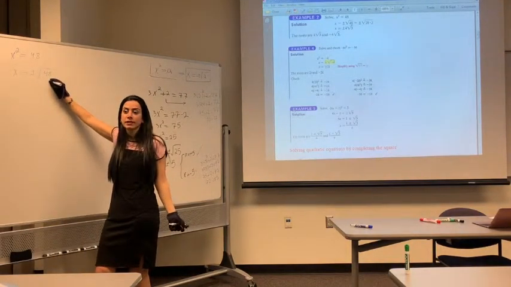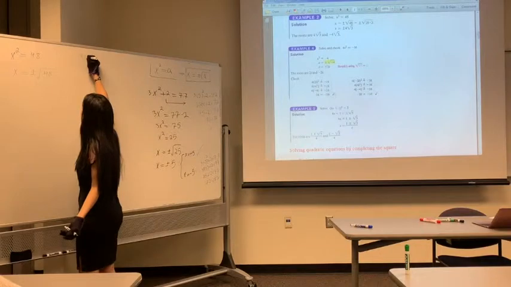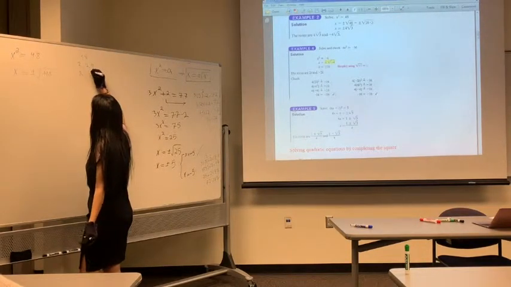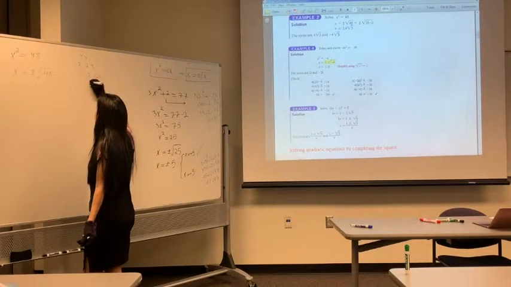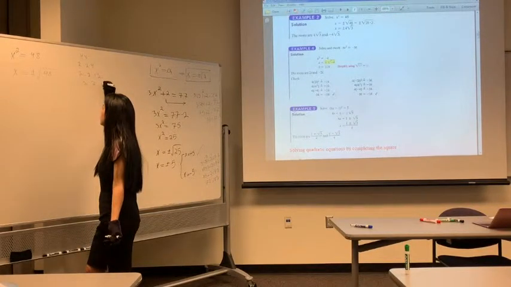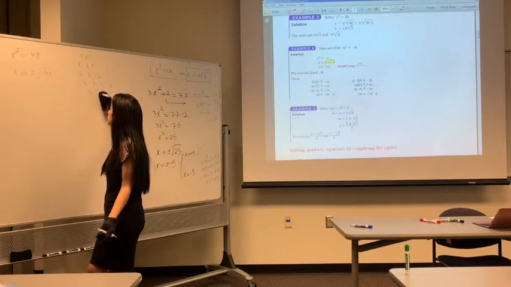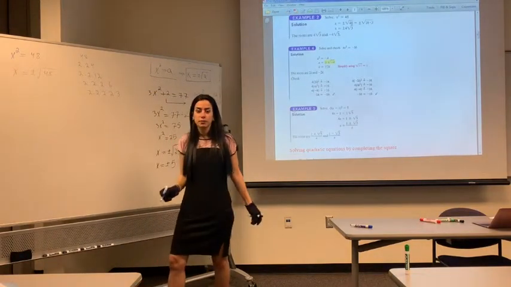So 48 is 2 multiplied by 24, and 24 is 2 multiplied by 12, and 12 is 2 multiplied by 6, and 6 is 2 times 3.